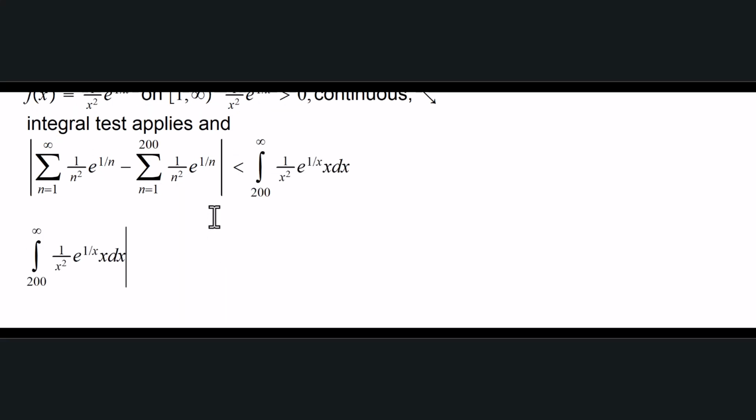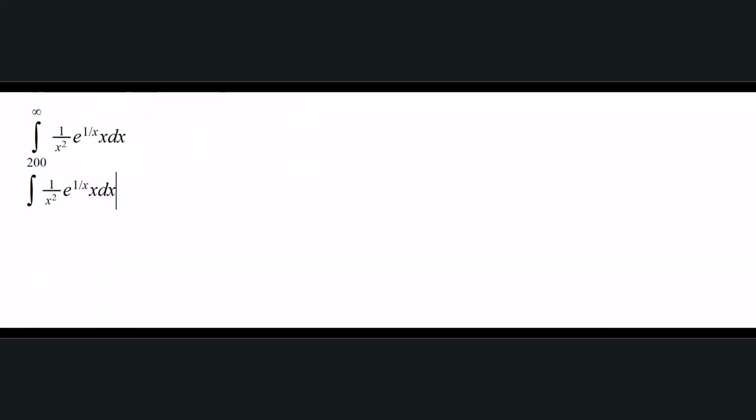This is an improper integral, as you can see. So let's first calculate this antiderivative, and then we shall calculate the improper integral. What we notice is the situation is pretty good here.